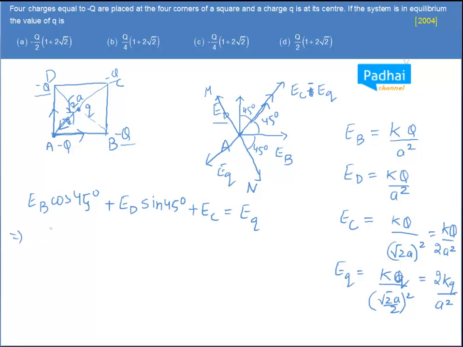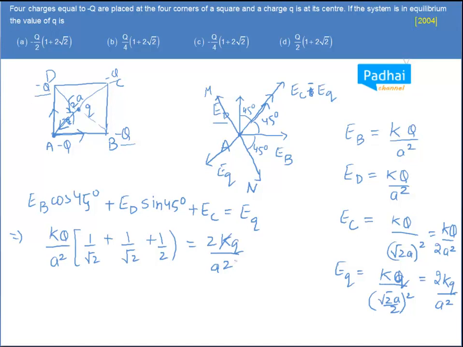It implies that cos 45 is 1 upon root 2. That means kq upon a square we can take common, and this will be 1 upon root 2 plus 1 upon root 2, because ED is also the same, and EC plus 1 upon 2, right? So this will be equal to EQ, that means 2kQ upon a square, right?